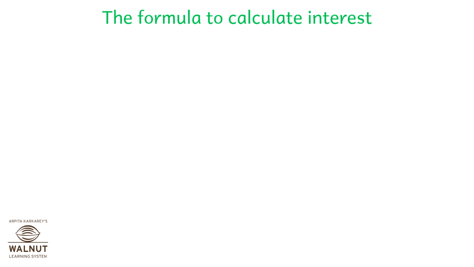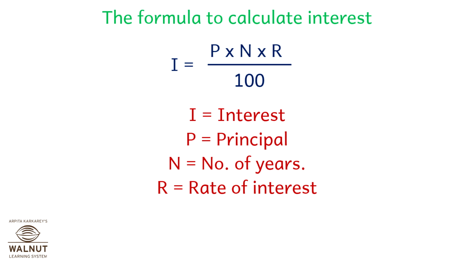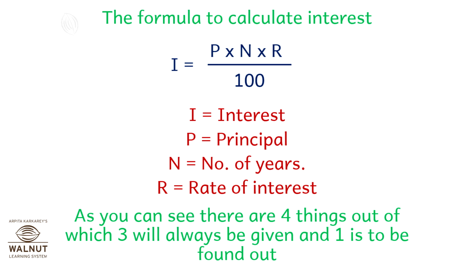The formula to calculate interest is I equal to P into N into R upon 100, where I is the interest, P is the principal, N is the number of years, R is the rate of interest. As you can see, there are 4 things, out of which 3 will always be given, and 1 is to be found out.